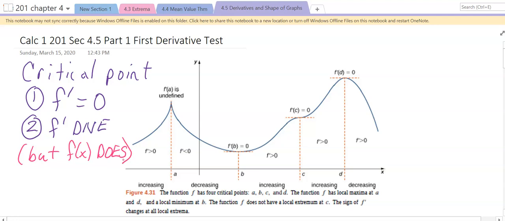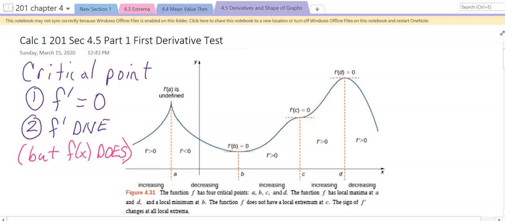You cannot have a critical point if the function does not exist at that point. Critical points are always points in the domain of the original function f. They're points in the domain where either the first derivative crosses the x-axis, it's an x-intercept of the derivative, or the first derivative does not exist, but the function does.